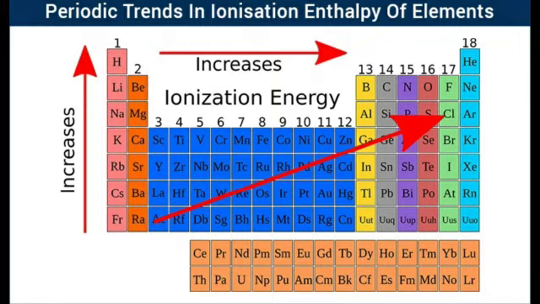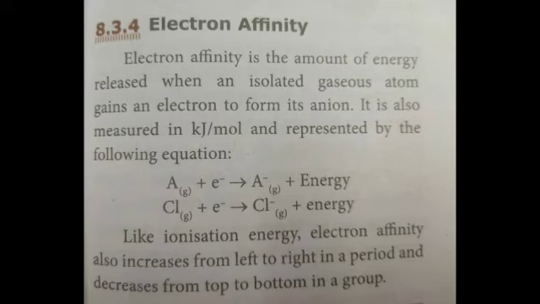So, the ionization energy increases along the period, but down the group, the atomic size increases and hence the valence electrons are loosely bound. They require relatively less energy for removal. Thus, ionization energy decreases down the group in the periodic table. Can you see it in this table, children? Ionization energy increases along the period and decreases down the group in the periodic table.